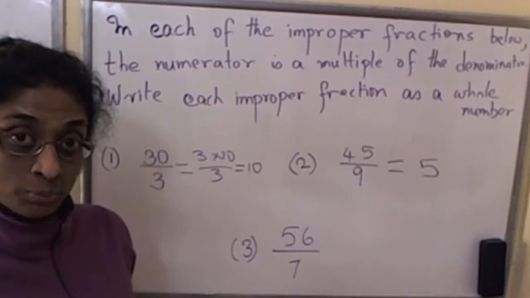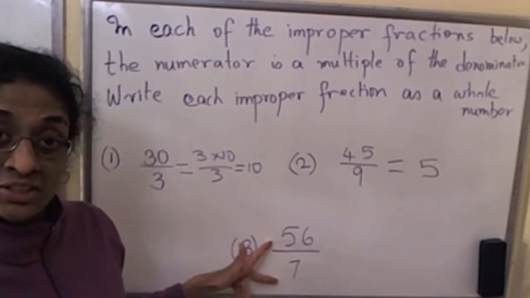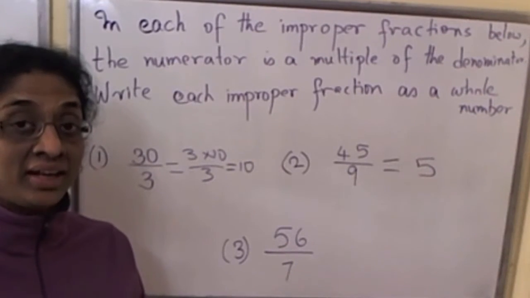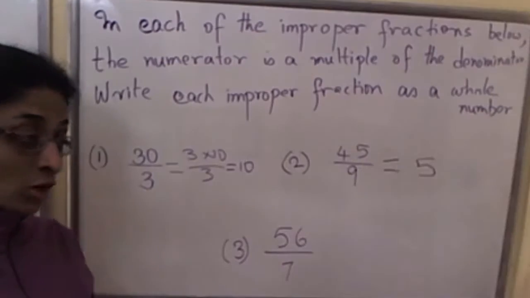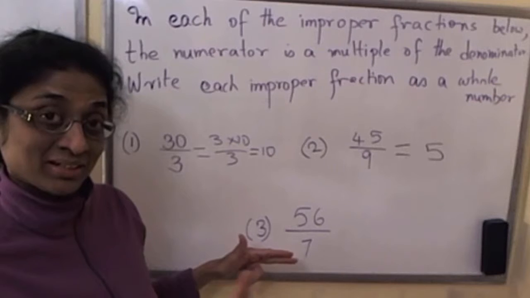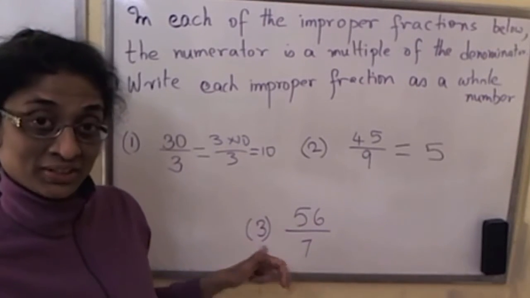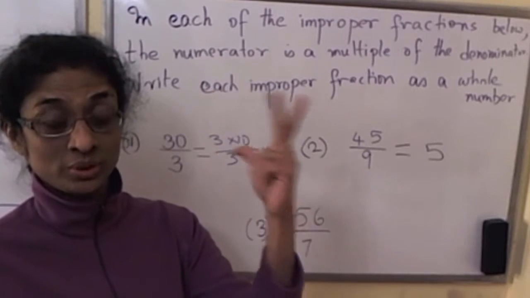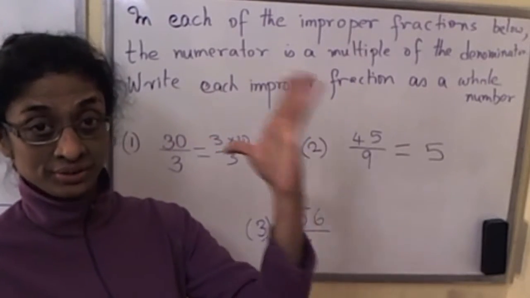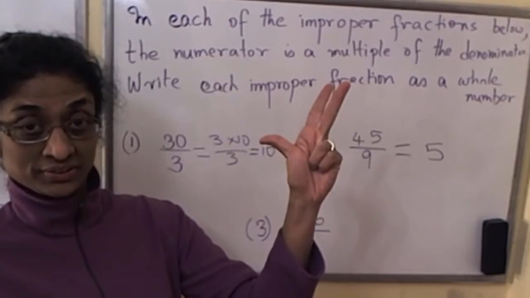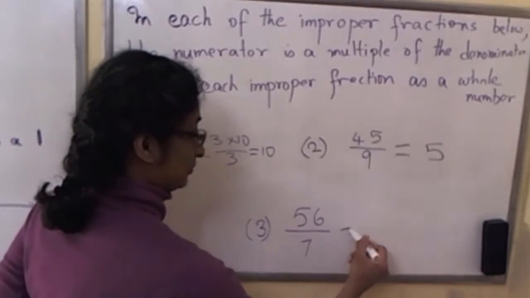To repeat the argument, 56 over 7 is 56 copies of 1/7, and 7 copies of 1/7 make up a 1. So we're asking how many 7s are in 56. Let's count in 7s. 7, 14, 21, 28, 35, 42, 49, 56. So that's 8.